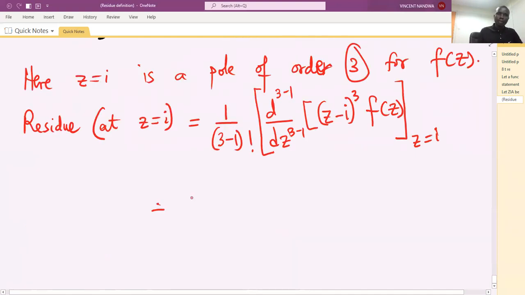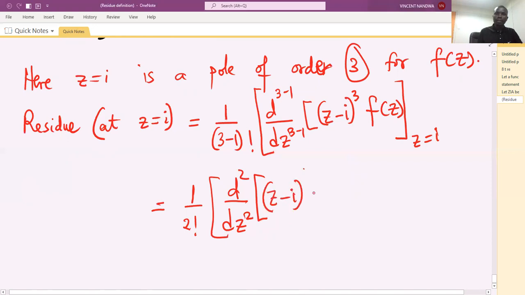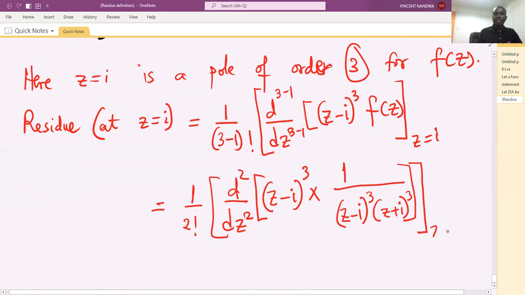So this will be 1 over 2 factorial. Now, second derivative, and then we have z minus i cubed times f of z, which was given by 1 over z squared plus 1 power 3, and that can be written as z minus i power 3 times z plus i power 3, and this should be evaluated at z equals i.